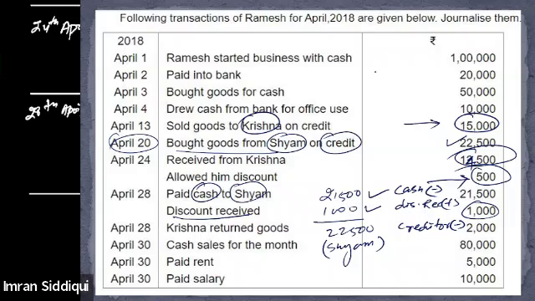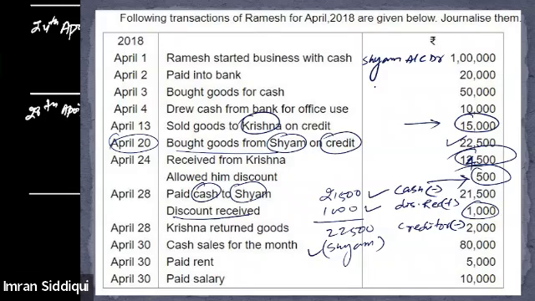So the journal entry will be, firstly, because the creditor is reducing and the creditor is a liability. I've told you there is a rule regarding the creditor which says that whenever a creditor reduces, that means whenever a liability reduces, we need to debit the liability account. So here the liability is Shyam. So Shyam account will be debited, because one of our liabilities is reducing by 22,500.